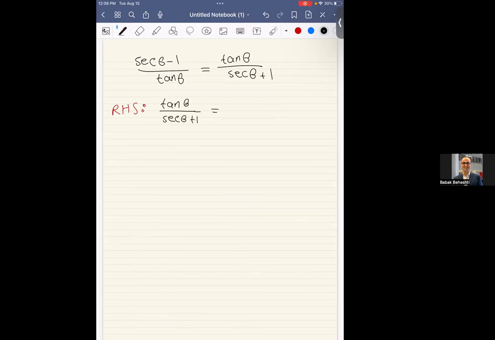So it's equal to sine theta over cosine theta divided by 1 plus 1 over cosine theta. But this is equal to sine theta over cosine theta plus 1, right?